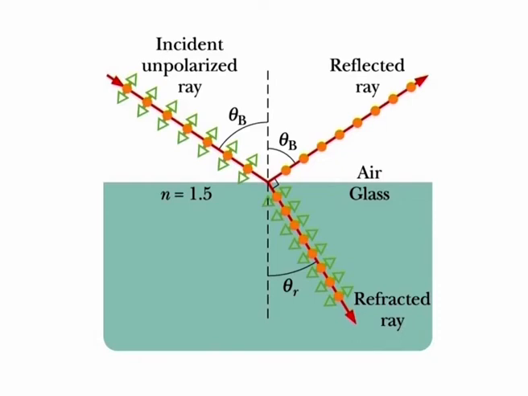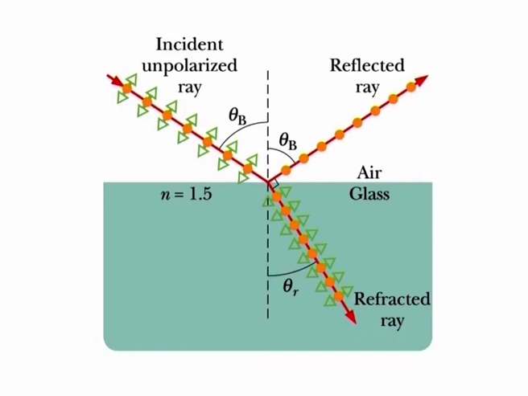In general, the reflected light also has both components but with unequal magnitudes. This means that the reflected light is partially polarized. The electric fields oscillating along one direction have greater amplitudes than those oscillating along other directions.